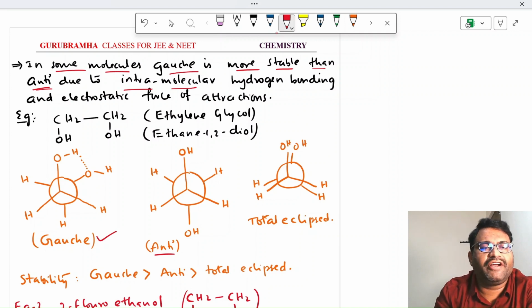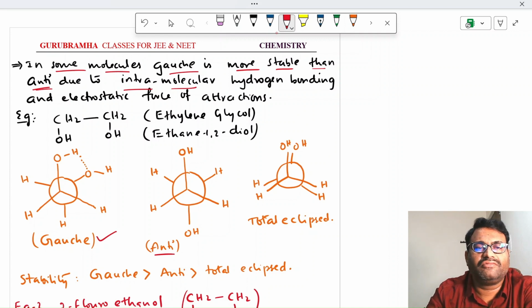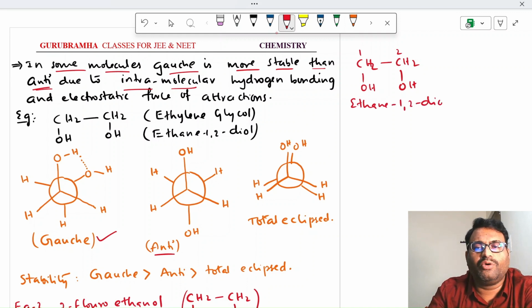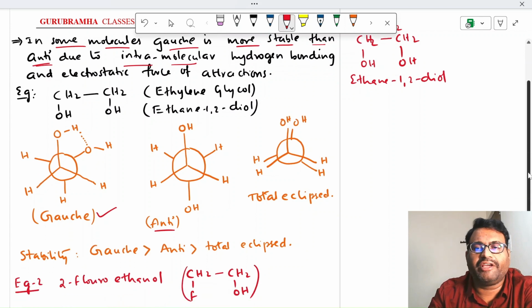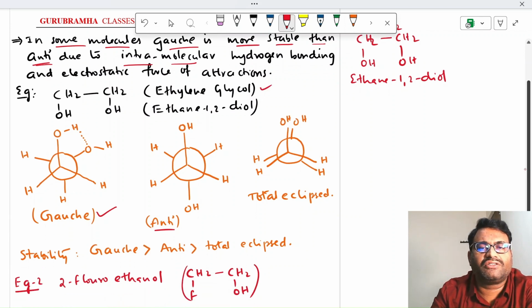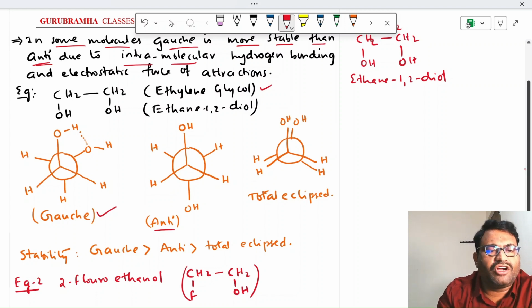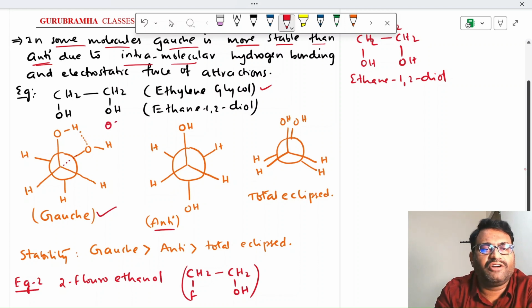See here, we take ethylene glycol. Ethylene glycol is the common name; 1,2-ethanediol is the IUPAC name. If you look into this gauche conformation, theta is equal to 60 degrees.